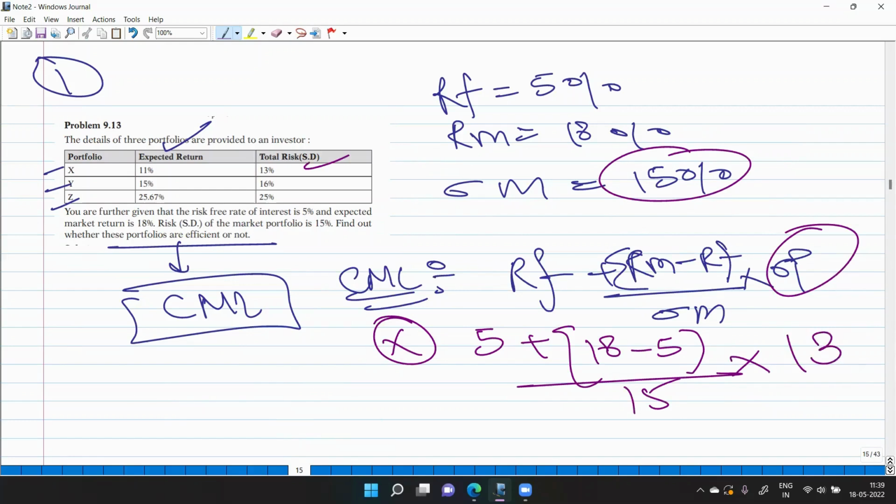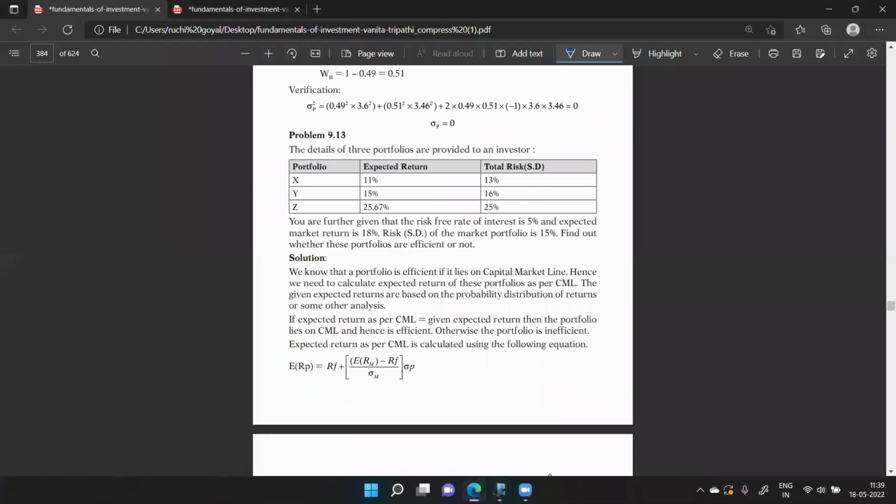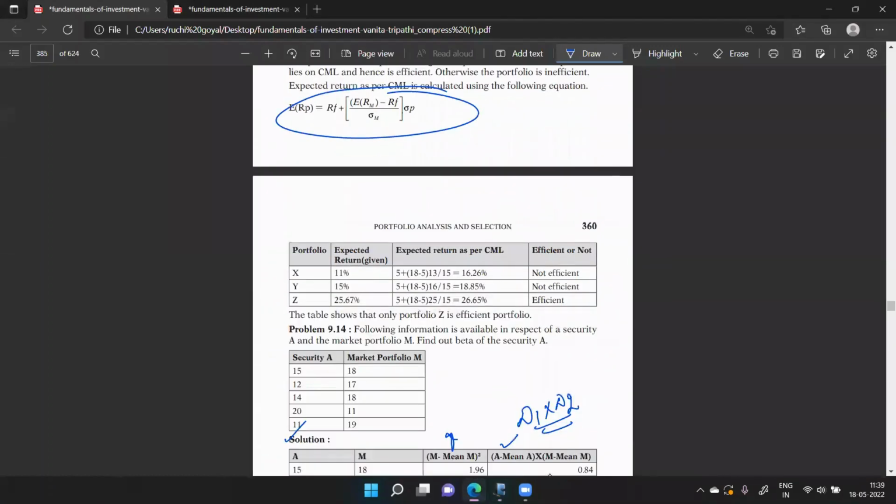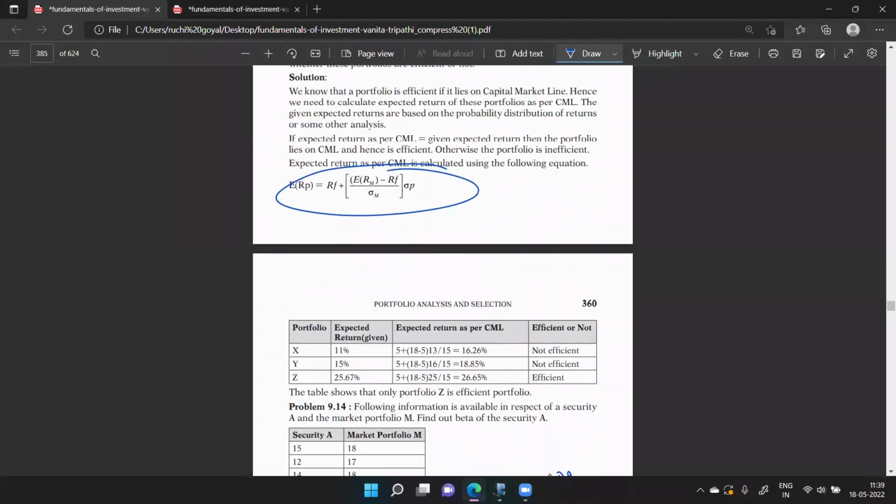Okay, this is how you need to calculate the CML. Let's check we have done correctly or not. This is the formula that I have used. See, हमने भी यही किया है, 5 plus 18 minus 5 divided by 15 into 13. This will come out to be 16.26.